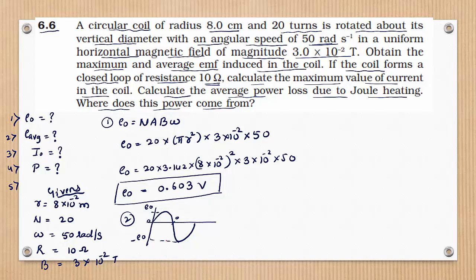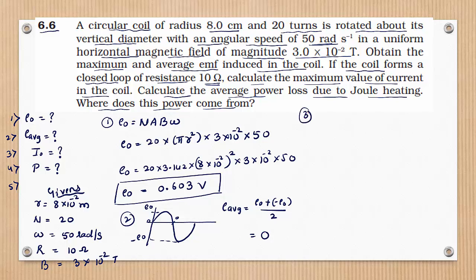E average is equal to the sum of EMF divided by 2, so E naught plus minus E naught divided by 2. So what is the answer? 0. Remember, the average value of EMF induced in a coil for one complete cycle is 0.